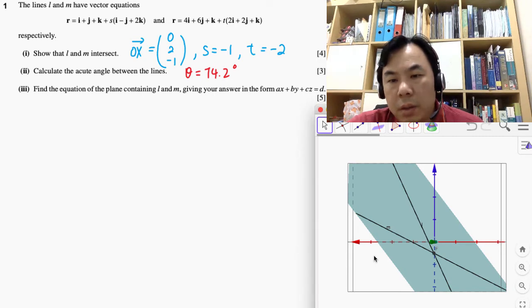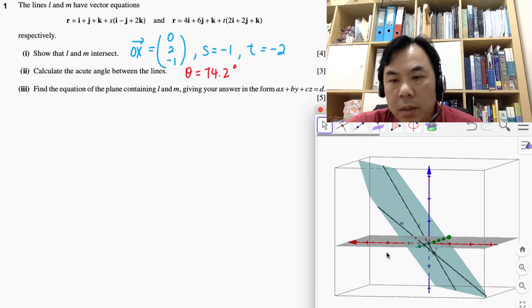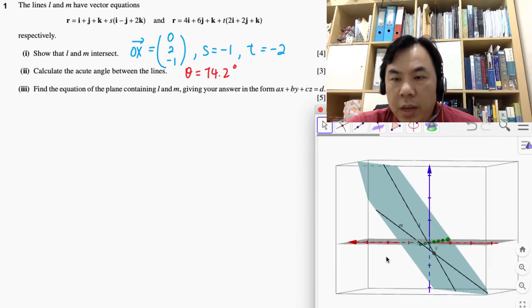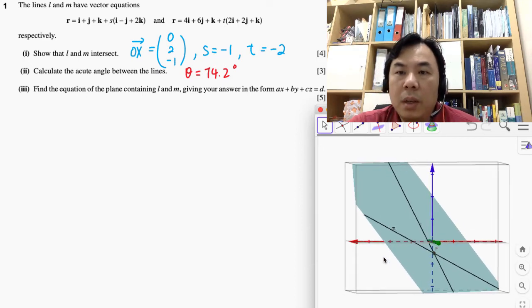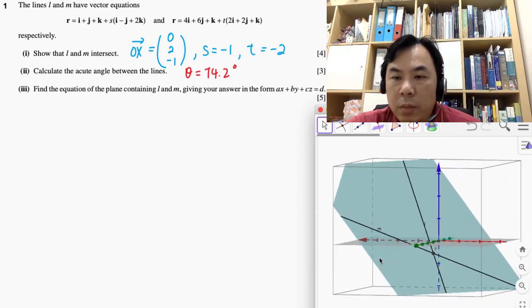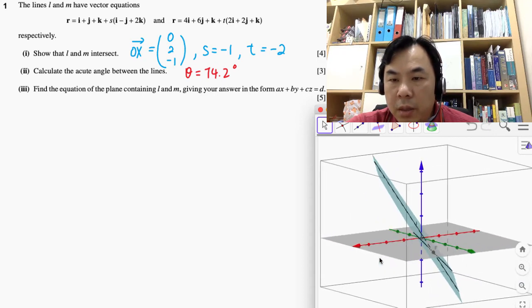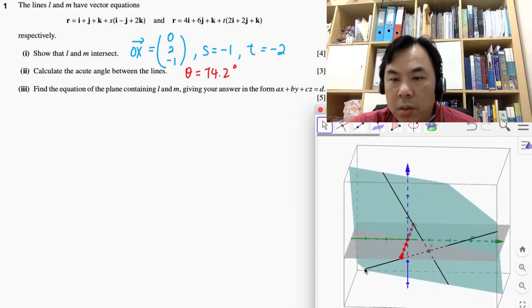You can see from here this is the plane in green color, for instance. In this case, the color is not very green here. This is a plane that contains both the lines L and M. Now, let me rotate it to show you how the plane actually looks in three-dimensional space.